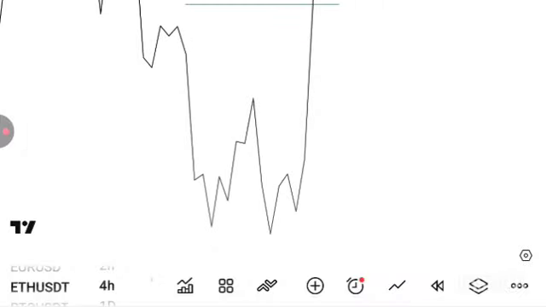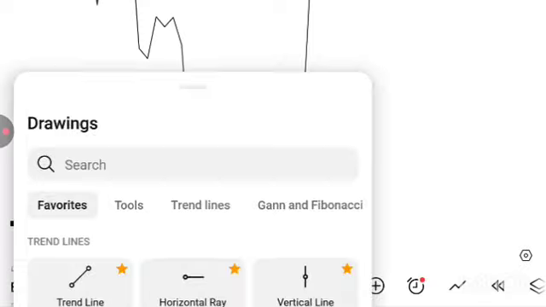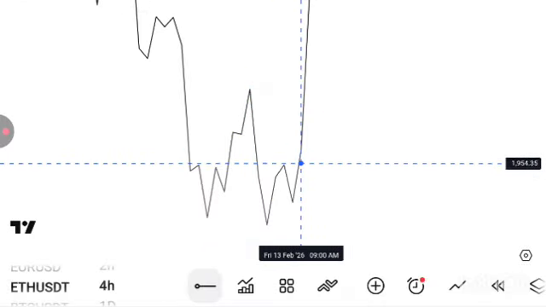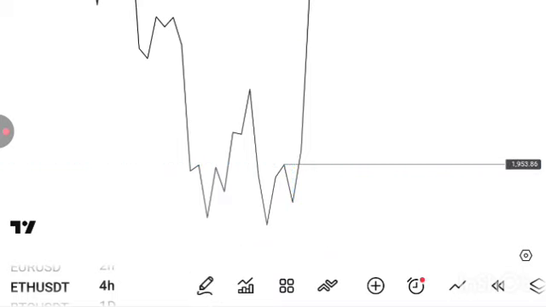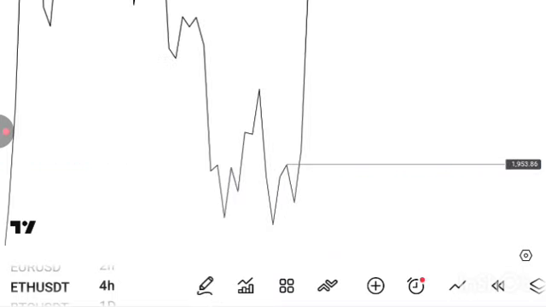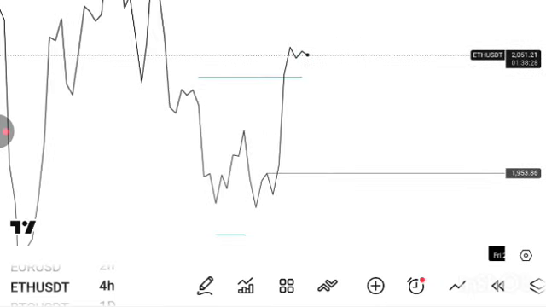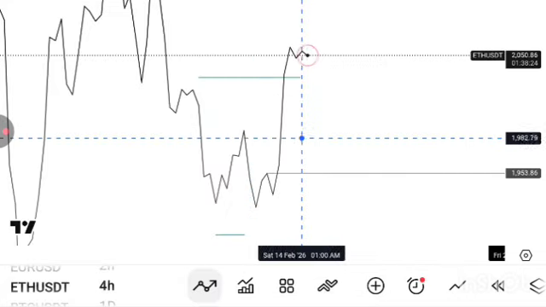What I saw was that H4 presented to me a breakout as easy as you can ever imagine. H4 presented to me a breakout from this particular level, and what I was now expecting after this H4 breakout was that price would come back.